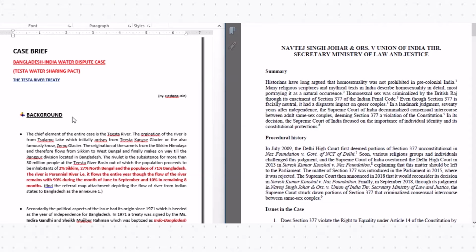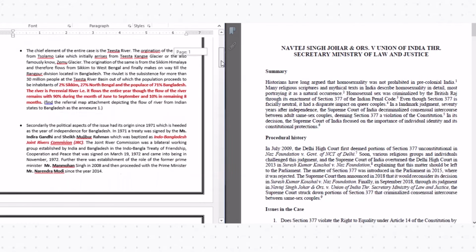Now what do you write down in a background? In the background you have to just mention what were the main elements which were involved in a case. For example, the left one you see, it was an arbitration case, and so it had the parties India and Bangladesh, and there was the factor of a river.